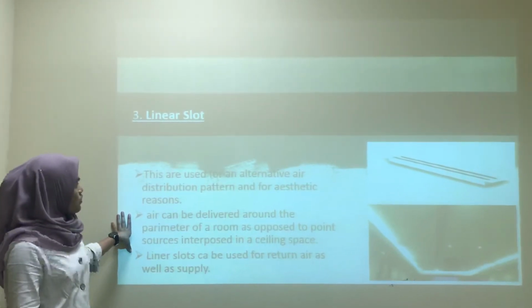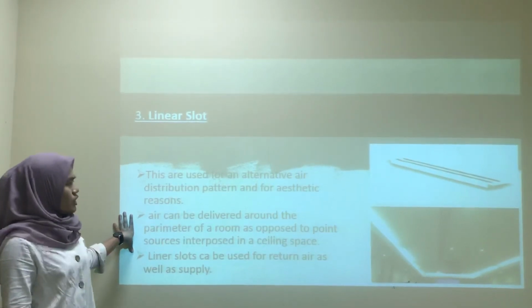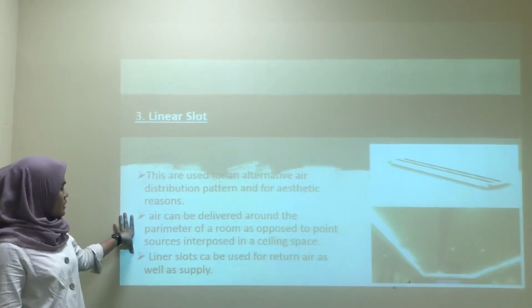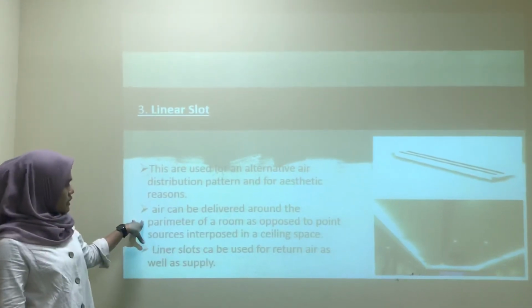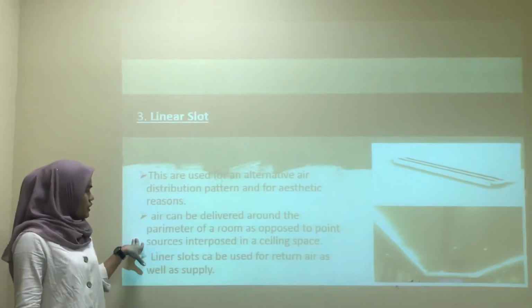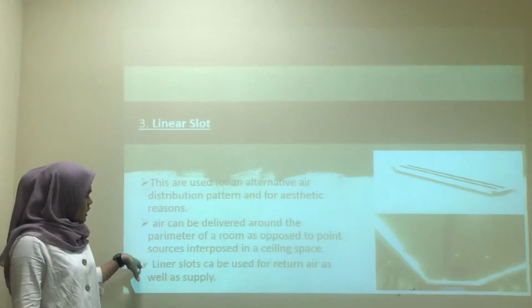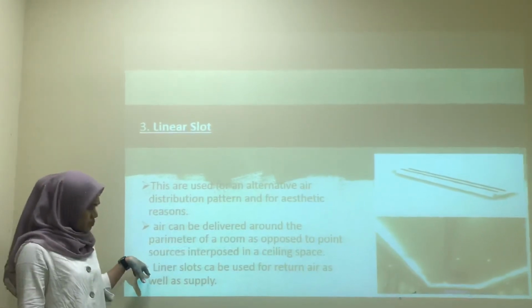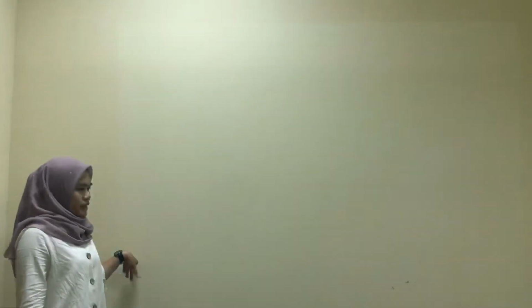These are used for an alternative air distribution pattern and for aesthetic reasons. Air can be delivered around the perimeter of a room as opposed to point sources interposed in a ceiling space. Linear slot can be used for return air as well as supply.